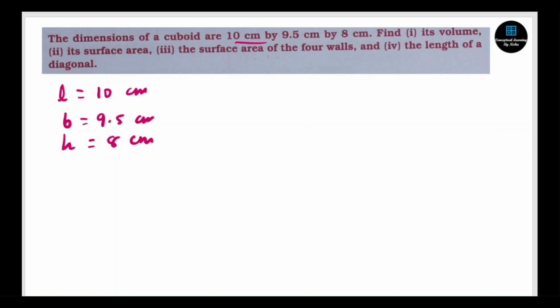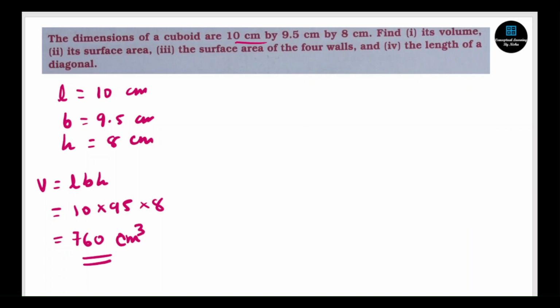Now we have to find the volume. So volume is equal to L into B into H, right? Very easy. So 10 times 9.5 times 8. When we simplify this, we'll get 760, and this is centimeter cube. So we got the first answer for this.